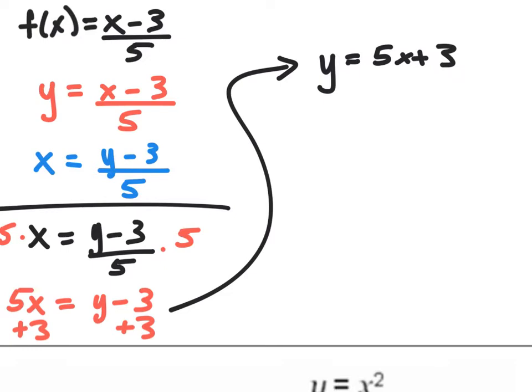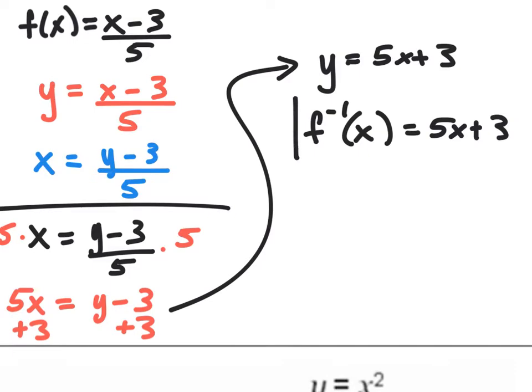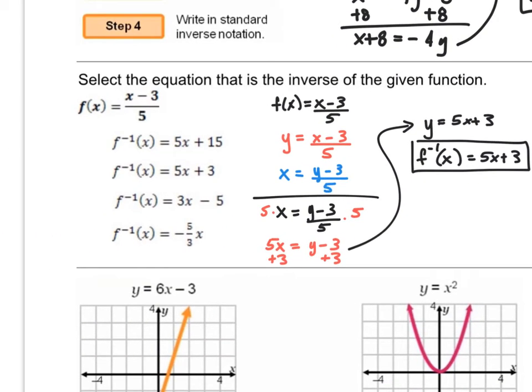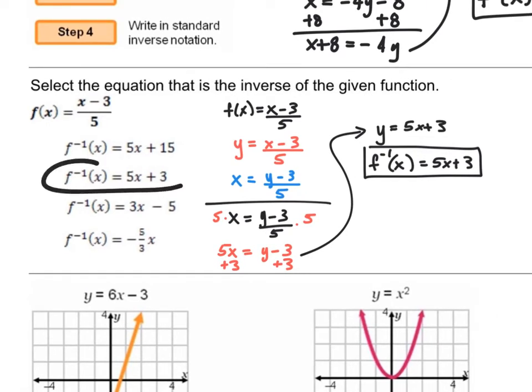Now this is the inverse, but I have to write it as f to the negative 1 of x is equal to 5x plus 3. And that's it. So my answer, oh look, it's right here. Isn't that fun? We're having a good time.